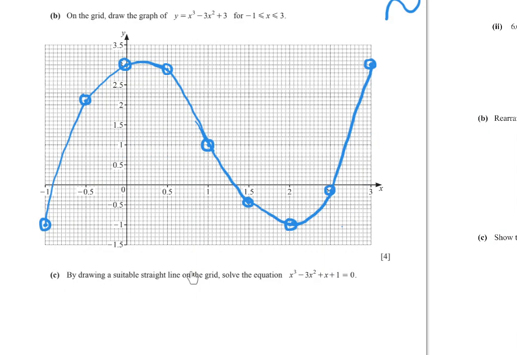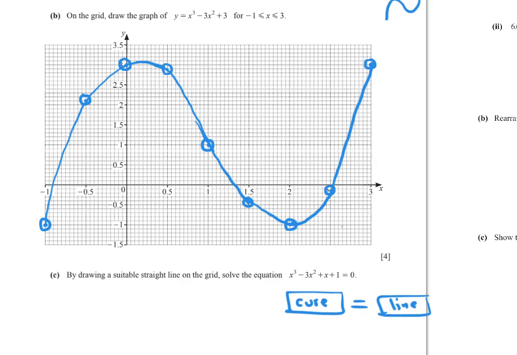C. By drawing a suitable straight line on the grid, solve the equation x power 3 minus 3x power 2 plus x plus 1 equals 0. To solve this type of question, we need the curve on the left and the suitable line on the right. So this is the equation of the curve, and this is the line.